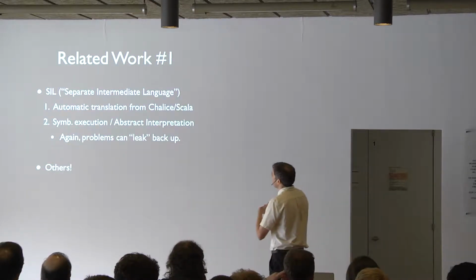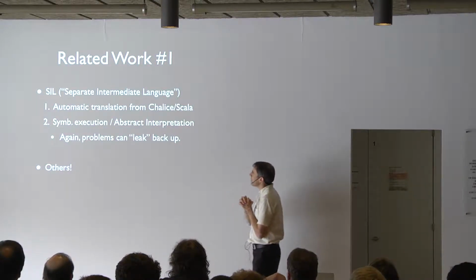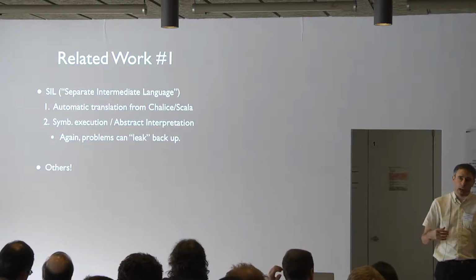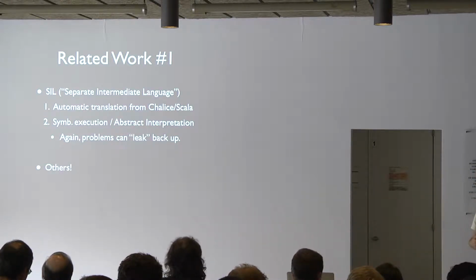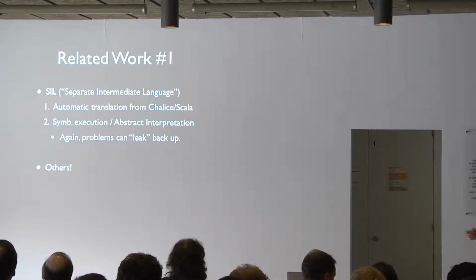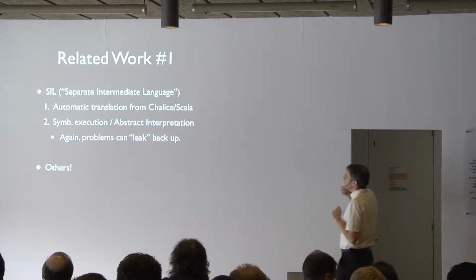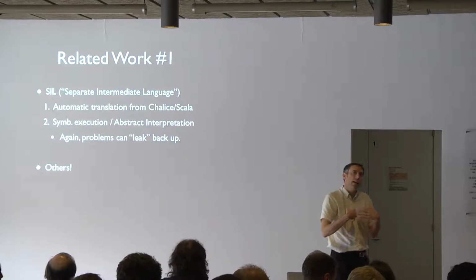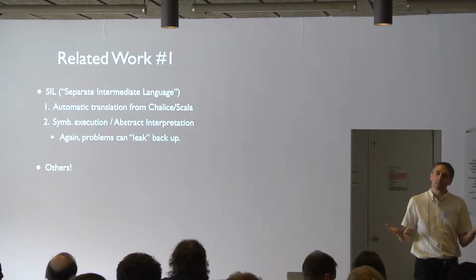Here at ETH Zurich, there's this separate intermediate language, SIL. Again, there's a nice automatic translation from Chalice, which is used at Microsoft for their Boogie work, and also from Scala, a nice Swiss language, translated down into SIL. And there at the SIL, there are lots of different possibilities.